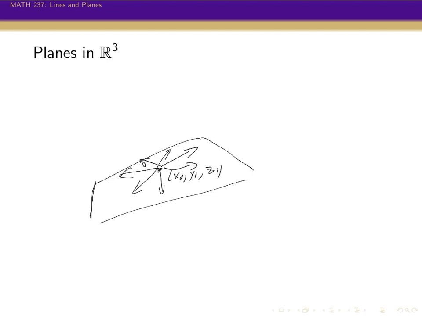Well, rather than thinking about stuff that's on the plane, if instead we're going to think about things that are perpendicular to the plane. So while there's lots and lots of directions on the plane, there's only one line that's going to be perpendicular to the plane.